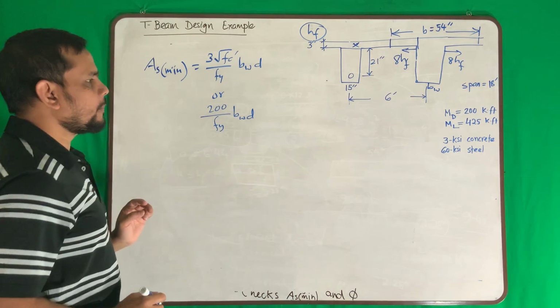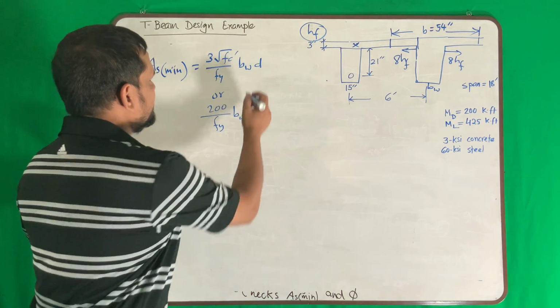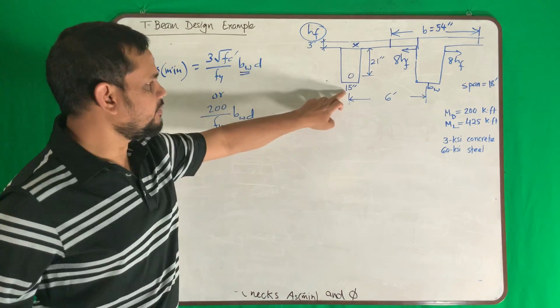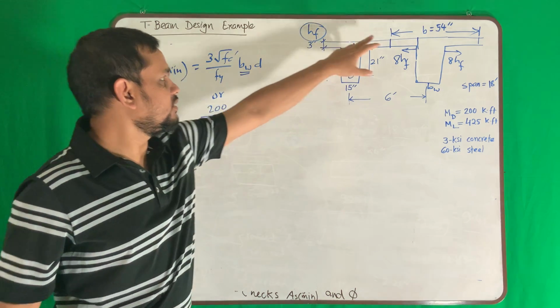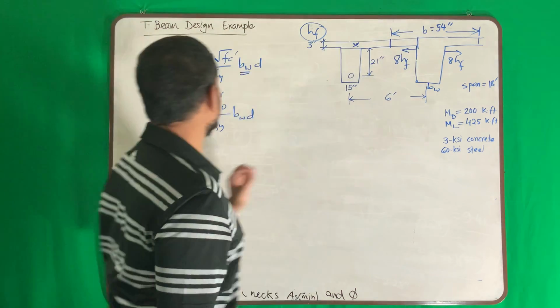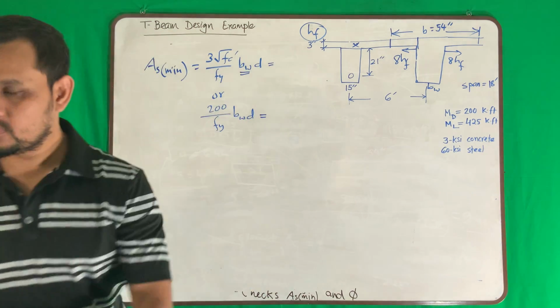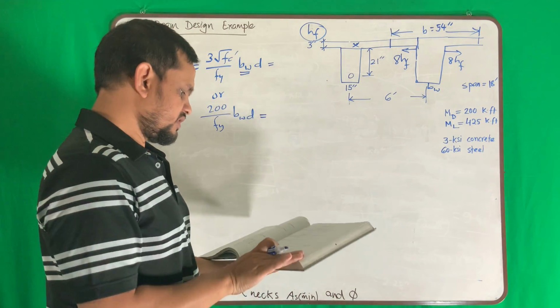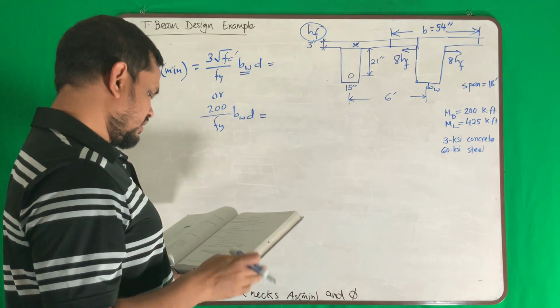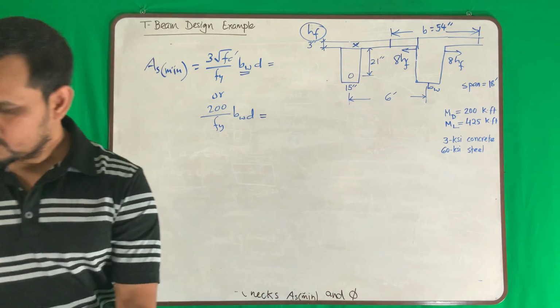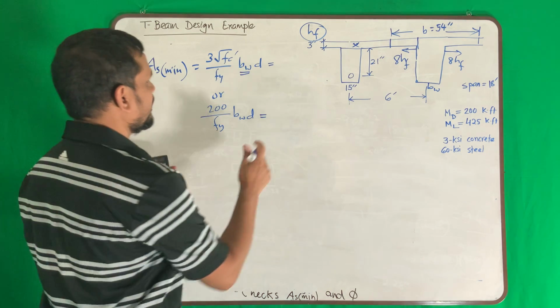Now this time my bw should be 15. Do not make mistake here, it is no longer that b. This is bw. Okay, so if I solve these two equations, I am taking value from your book to save some time. Oh, your book did not solve it, so I have to do it by myself.